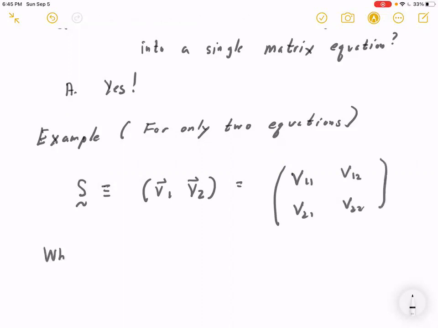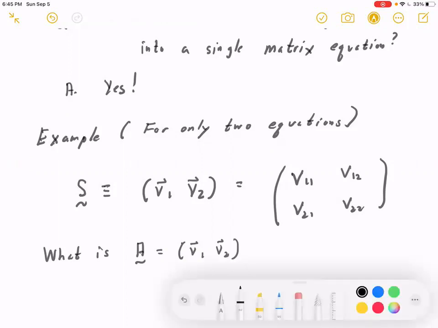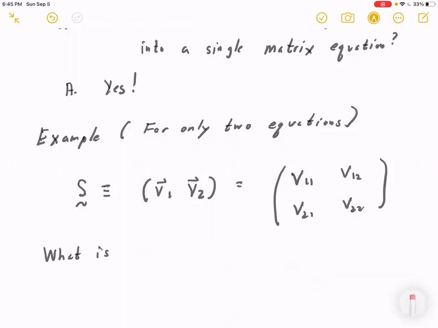Now, let's ask the question: what happens when you take the matrix A, which is just a matrix?